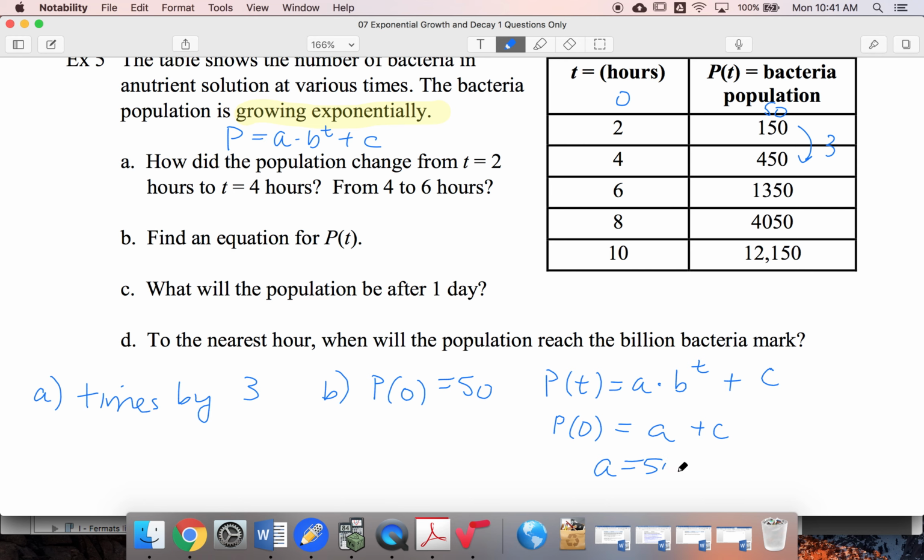So A is 50, B is going to be 3, and let's test that out.